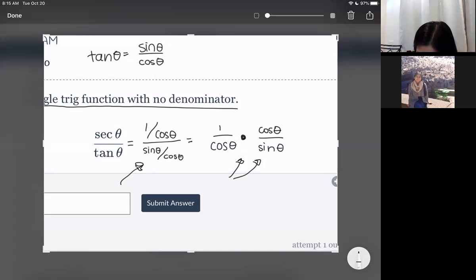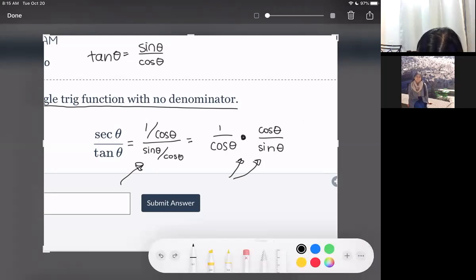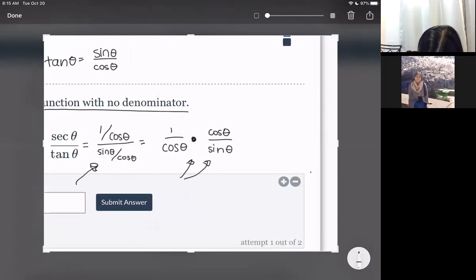We've done this before, so let me know at any moment if you have any questions. So far, this is what we got. Now that we're multiplying across, you can cancel right now, or we can just multiply across first. I'm going to multiply across first. So we have 1 times cosine on the top, which gives us just cosine. On the bottom, we have cosine times sine.